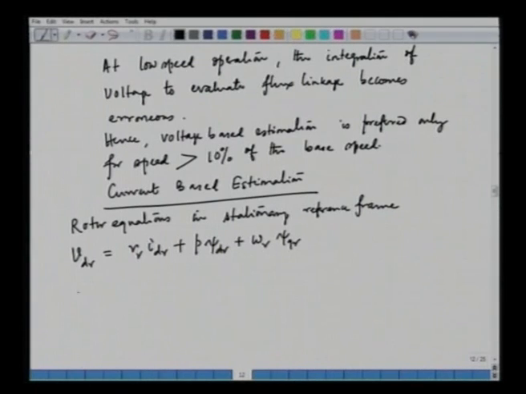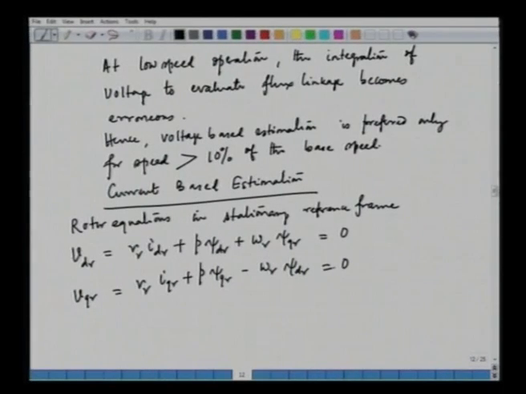And similarly, we can write in the q axis, VQR is equal to RR IQR plus P psi qr minus omega r psi dr, that is equal to 0.